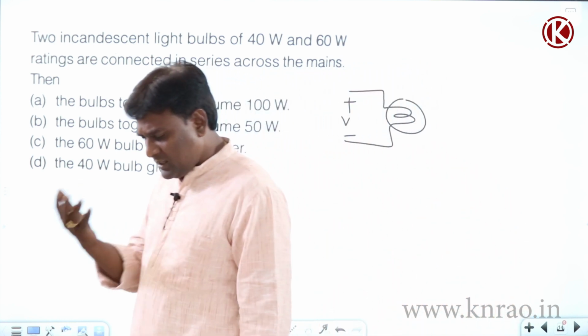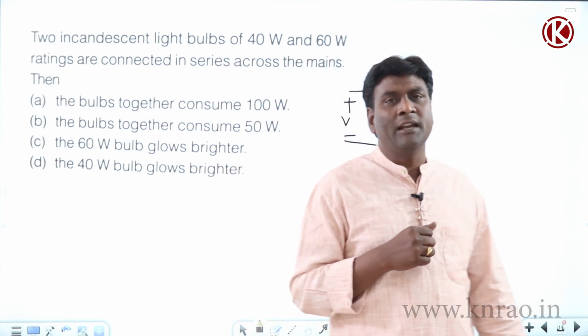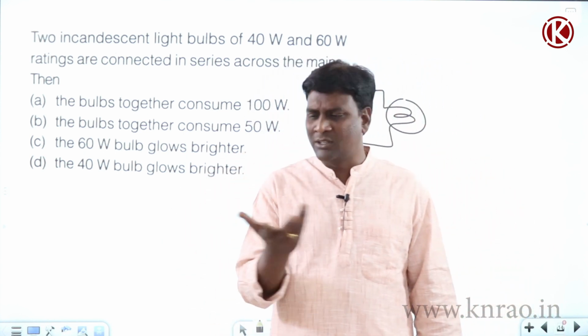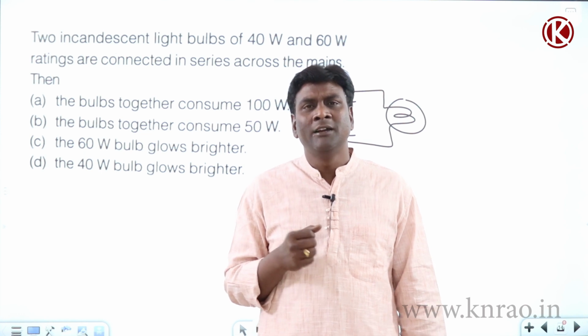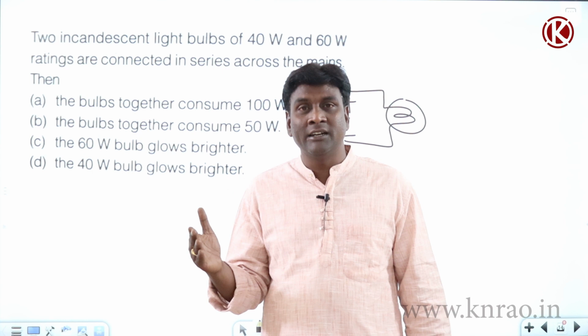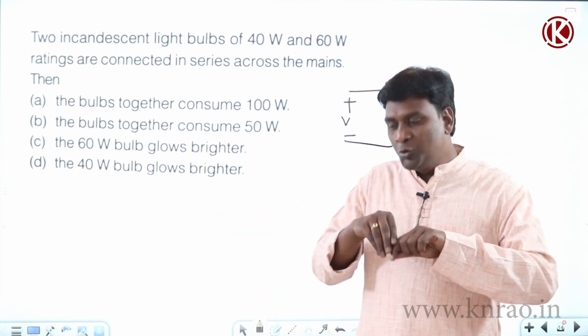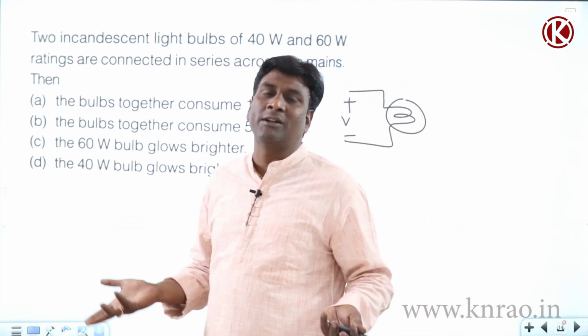Why did Edison fail 10,000 times, or 1,000 times as some people say, in inventing the incandescent lamp? Because any metal, the moment it goes to white hot condition, because of the oxygen around, used to get oxidized, in the sense that the metal vaporizes.